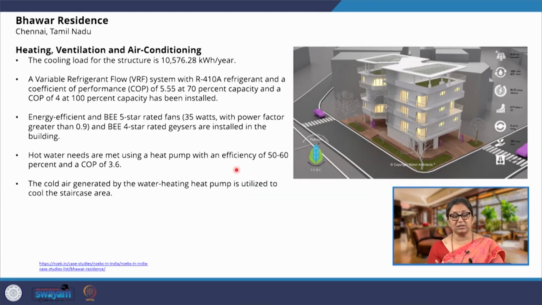Once the design has been done properly, then we go to MEP, HVAC systems. They have used variable refrigerant flow, VRF, which has a very high coefficient of performance, around 5.55 at 70% capacity. All the appliances that have been used are 5-star rated, for example fans and geysers and everything, and hot water needs are met using a heat pump, which again has a very high efficiency.